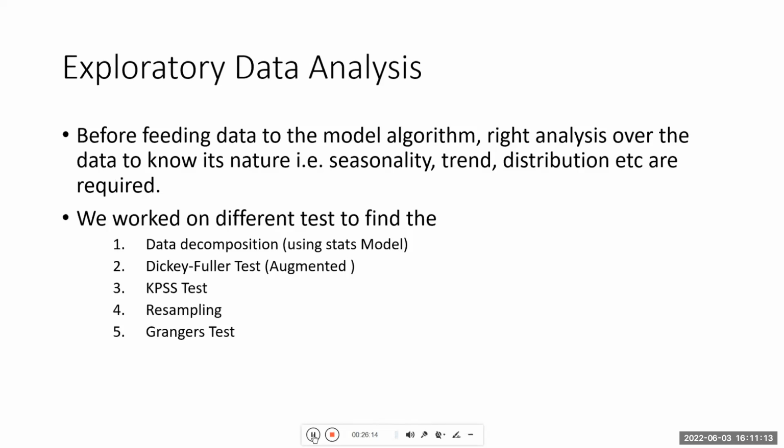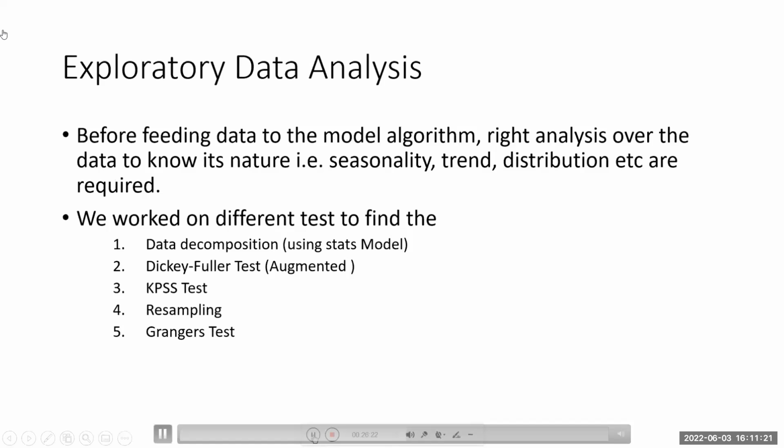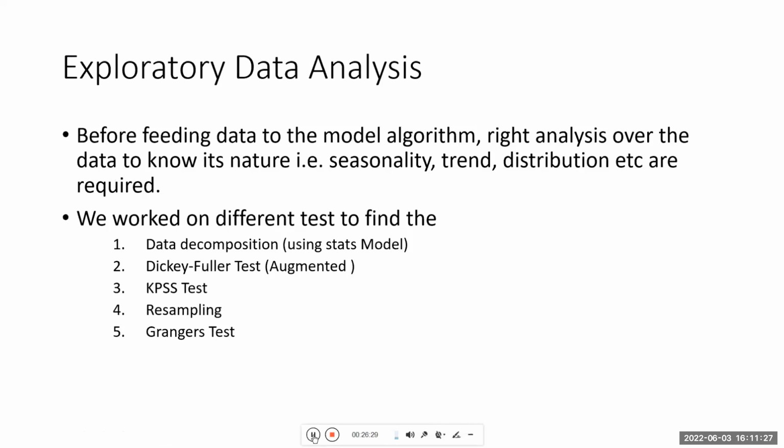Another test is the KPSS test, which is again a unit root test. We worked on resampling and the Granger test, which is commonly known as the causality test. I will explain what these tests mean for us and the data we have provided for these tests.